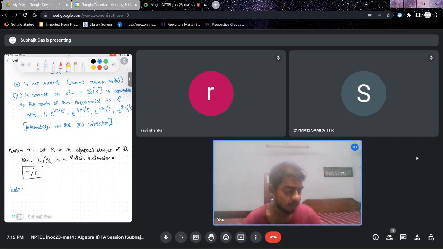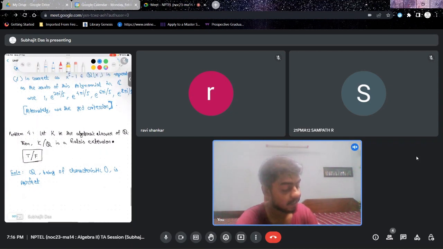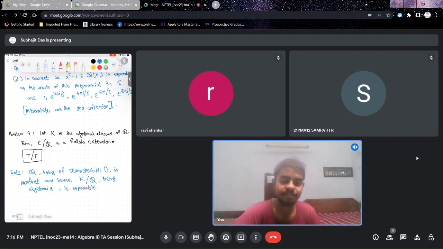So Q being of characteristic 0 is perfect. I'm sure you have seen perfect fields. If in case you have problems, you can ask me. So Q being of characteristic 0 is perfect, and hence K over Q being an algebraic extension is separable. A field is called perfect if and only if there are many equivalent statements.